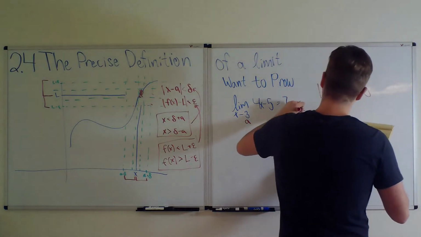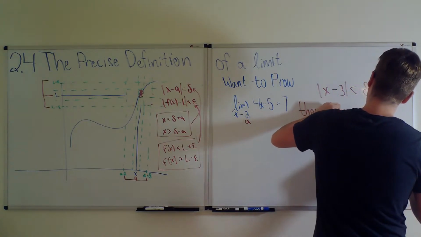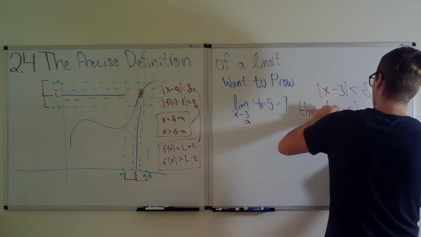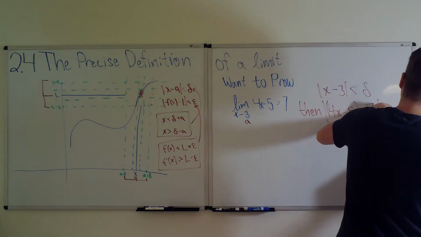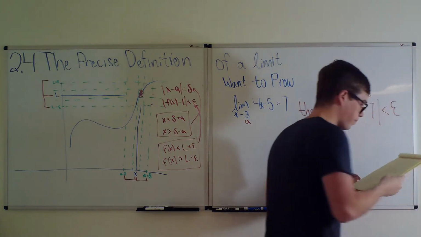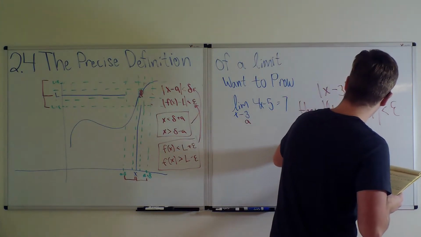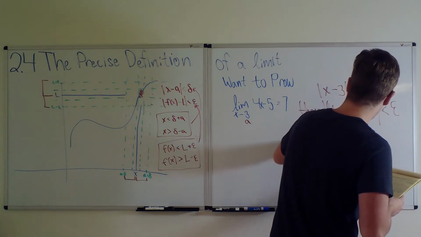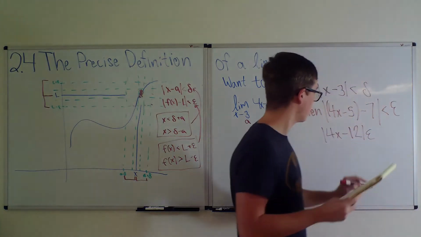Then, from the equation, |4x minus 5 minus 7| less than epsilon, which is the same as saying |4x minus 12| is less than epsilon.